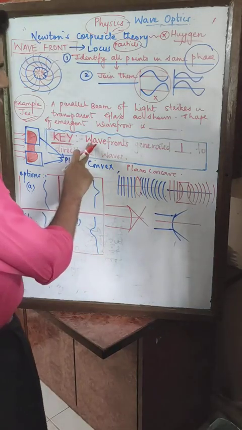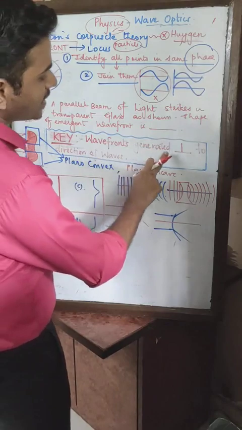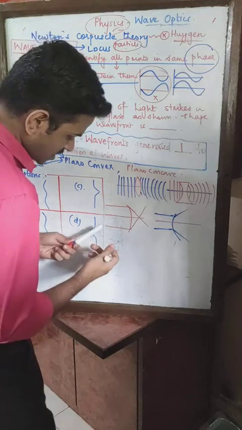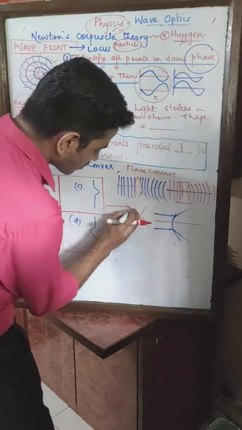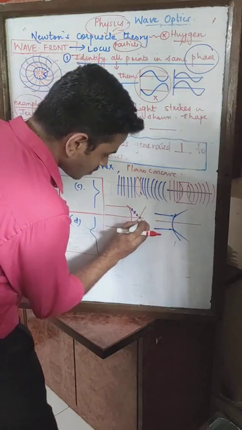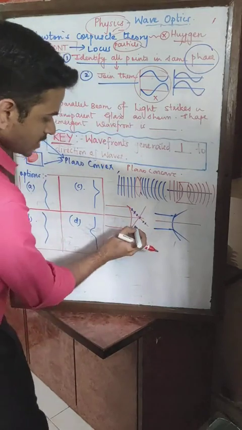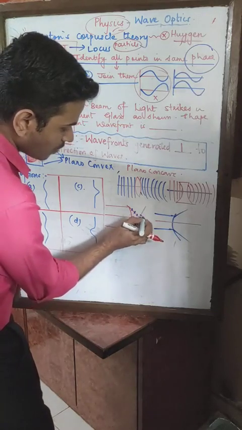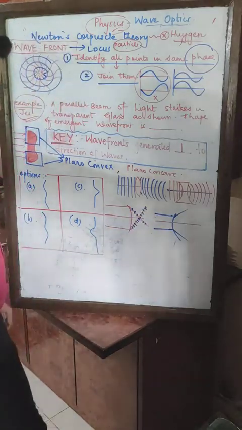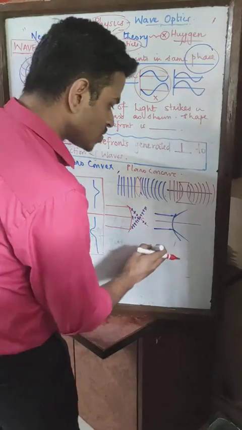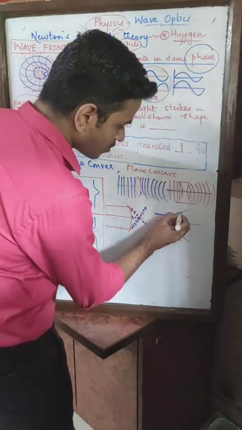Now, what the concept is saying is that wavefronts are always generated perpendicular to the rays. So just draw a perpendicular pattern over here, similarly a perpendicular pattern over here. This will be straight, perpendicular. Here also, the same thing: draw the perpendicular pattern.